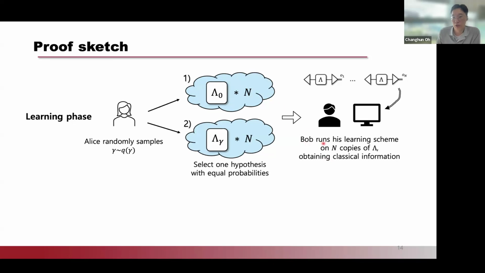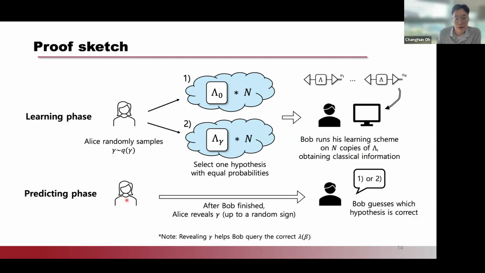Bob is going to run his learning scheme on n copies of this channel, and then he obtains classical information. Basically, he collapses all the quantum information into classical information after finishing this learning phase. And then Alice is going to reveal which gamma she chose.